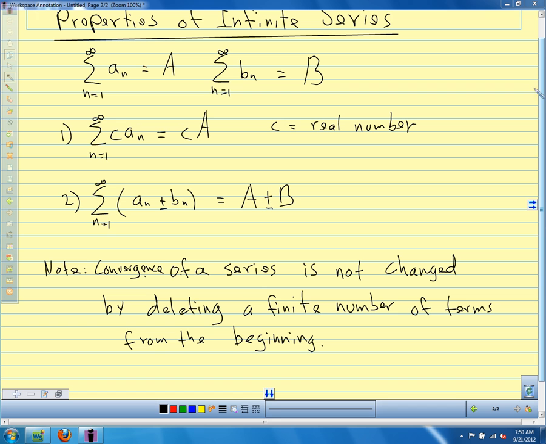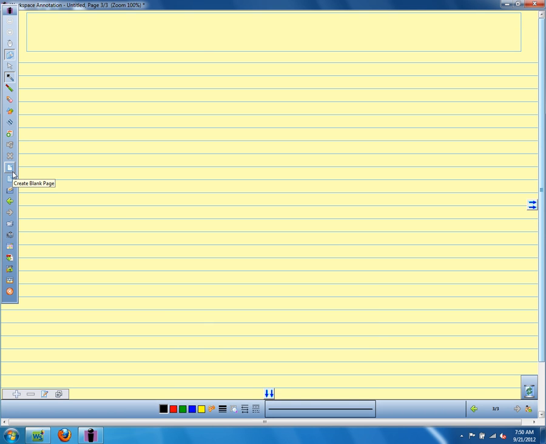All right. So the next thing that we're going to talk about is something Katie kind of asked about the other day. It's a test for convergence, and it works one way and it doesn't work the other way. So we're going to talk about the nth term test.